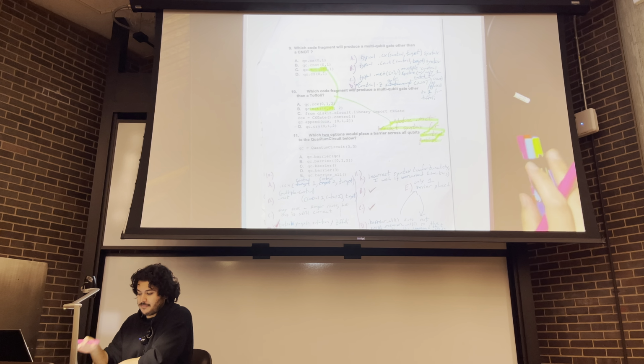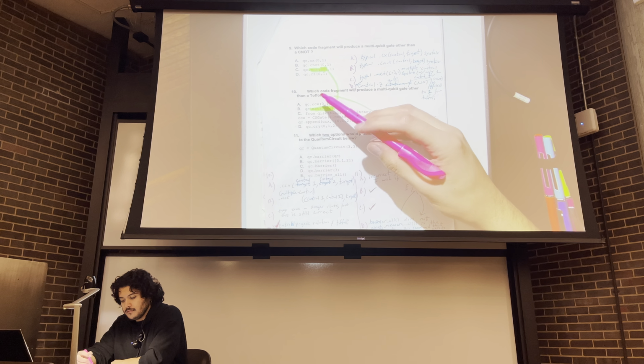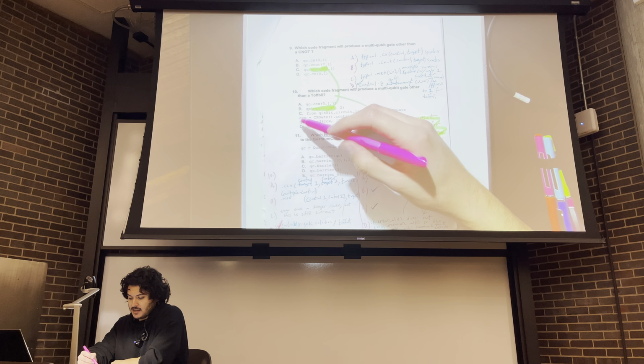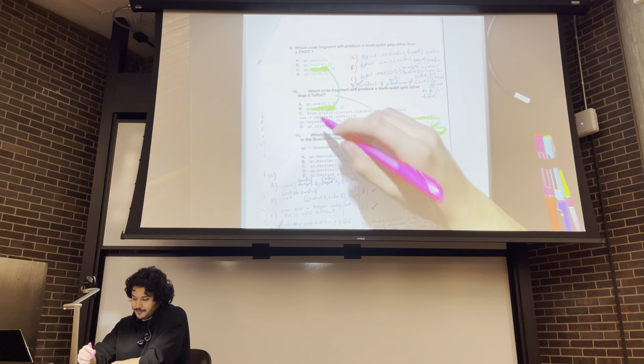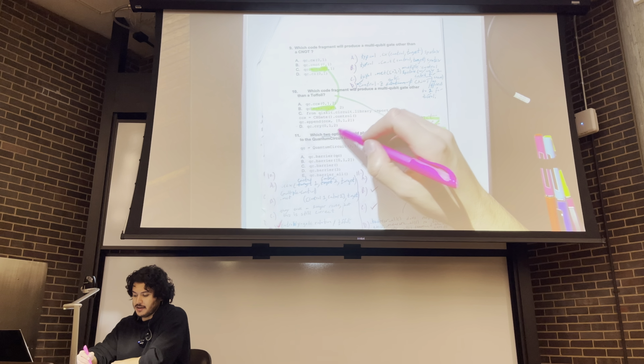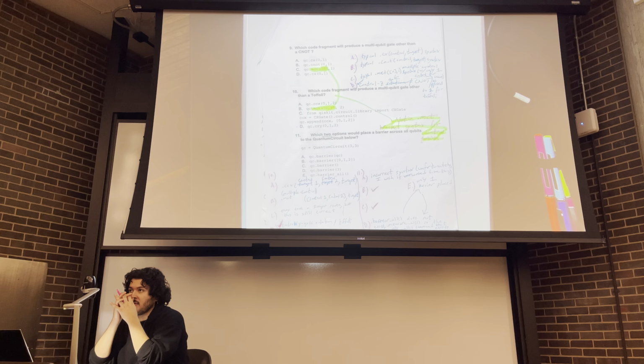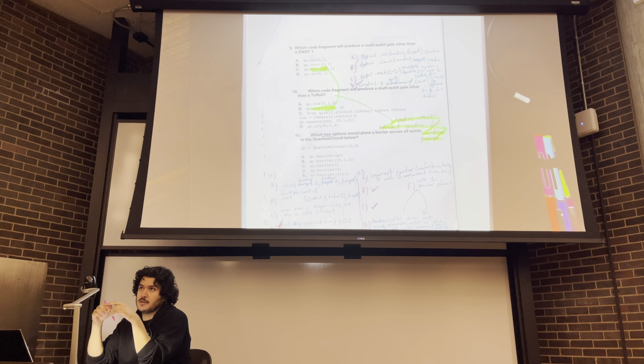Okay, so starting from the bottom, option D, qc.cry, and then these are the arguments. When we look at it, we notice that it's ry, which means R stands for rotation, a rotation on the y-axis of the Bloch sphere. This question is asking us to set up a certain gate. It's called a Toffoli gate.